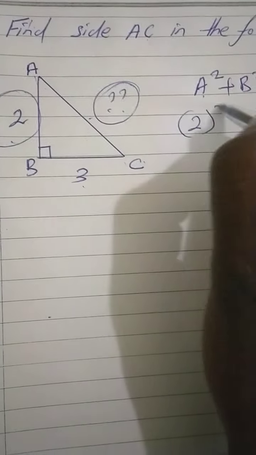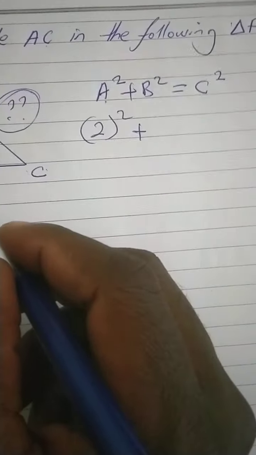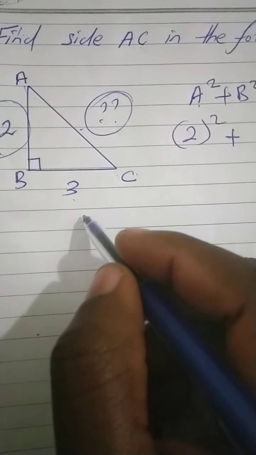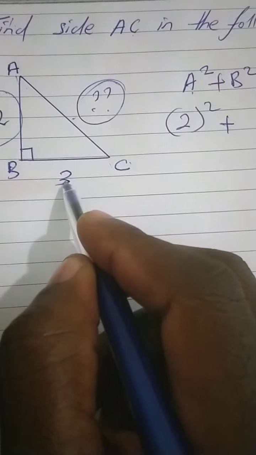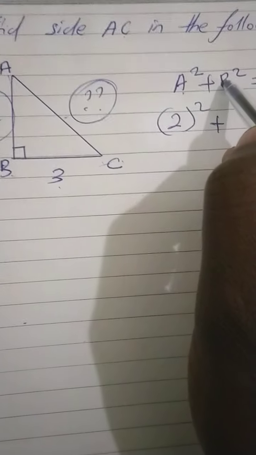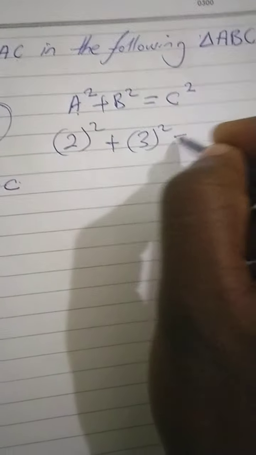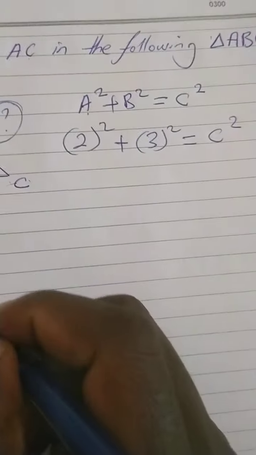So I can just put this value like this. My side A is this one here, which is 2. So it's 2 squared plus side BC here. Side BC is just my B here, which is 3. So I'm going to say 3 squared equals C squared.